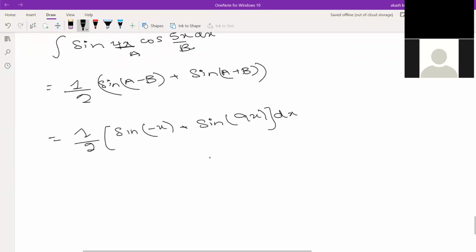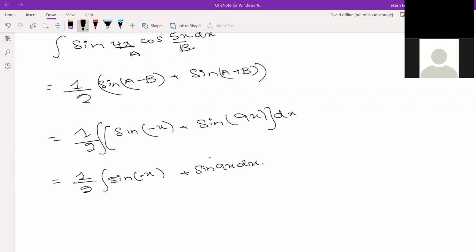Is it clear? Yes. Okay, and then this is very easy for me to do. It is the integral of half sine minus x plus sine 9x dx.